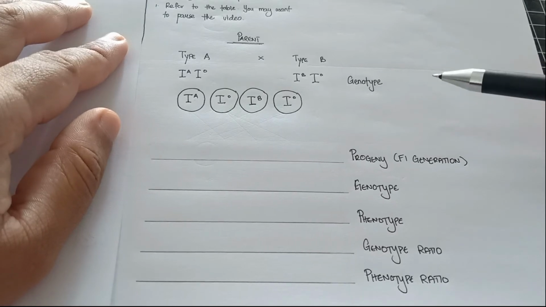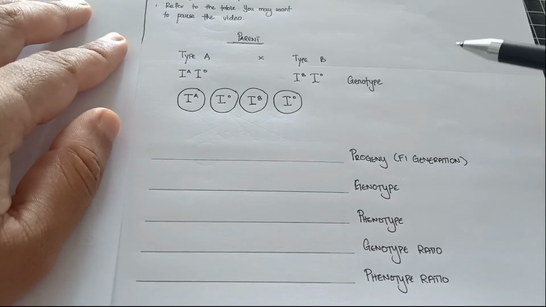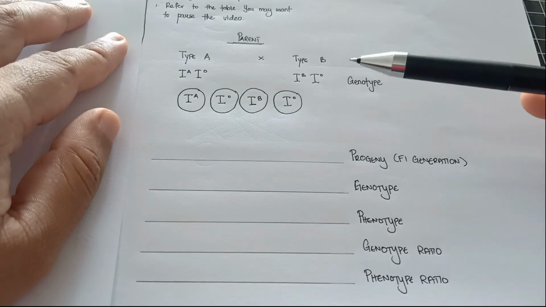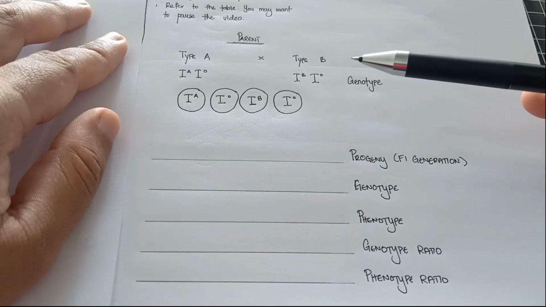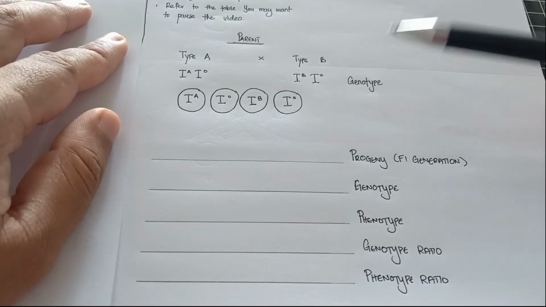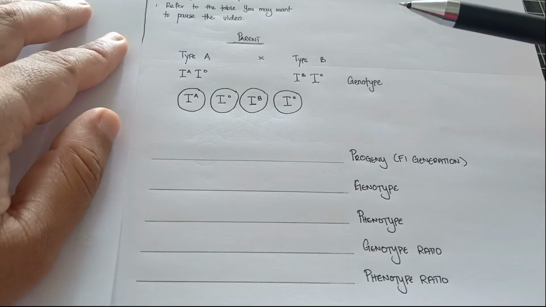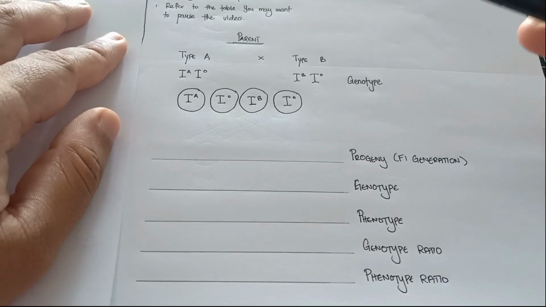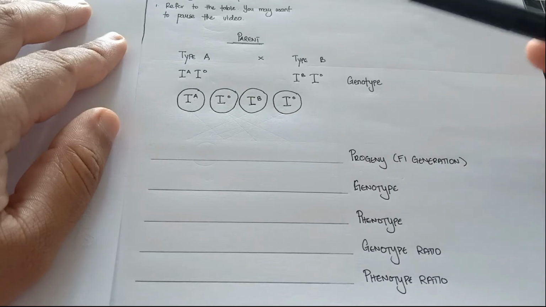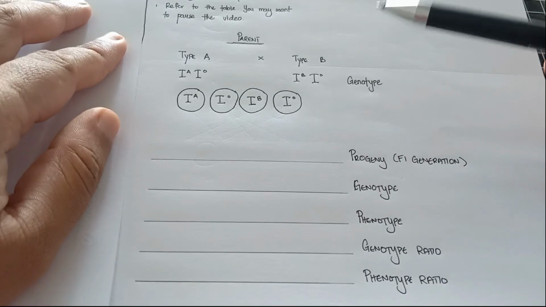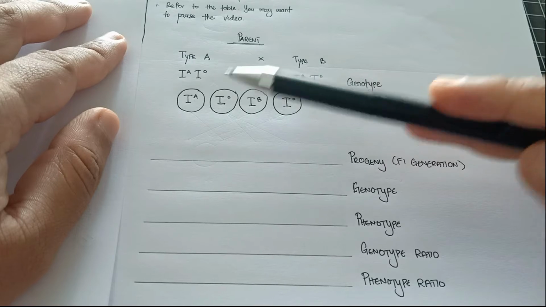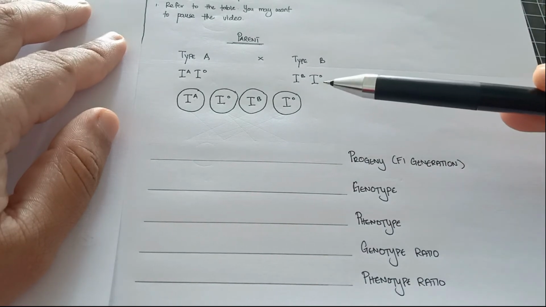In the table, I've already put the possible genotypes for blood type A, blood type B, blood type AB, and blood type O. Now according to the information, follow the codes which are given. So here I've given you blood types of A and B. The possible genotypes that I'm using are IAIO and IBIO.